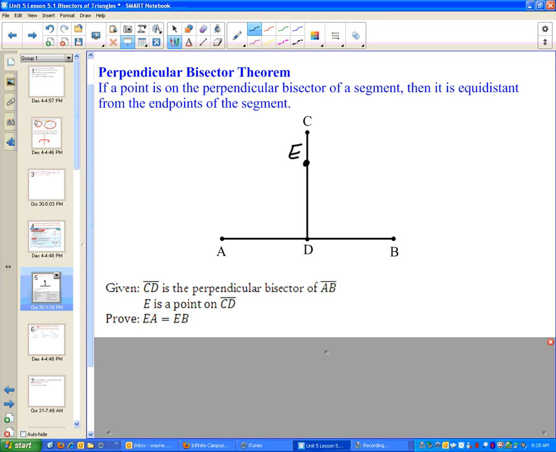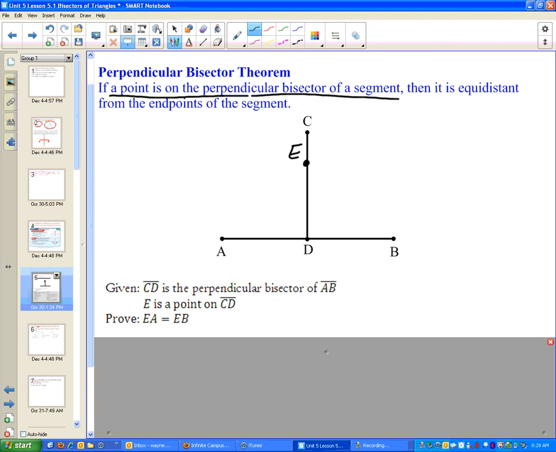So, look at what you've just put on your paper: the figure, what's given, what you have to prove. You need to see that what you're given is the hypothesis of the theorem, the if part. Hypothesis doesn't mean the same thing for us as it does in your science class. The hypothesis of a statement is the if part, the part that has to happen to cause something else to happen.